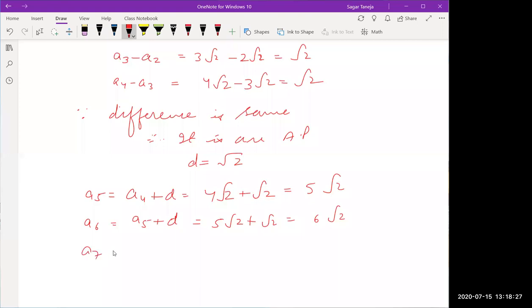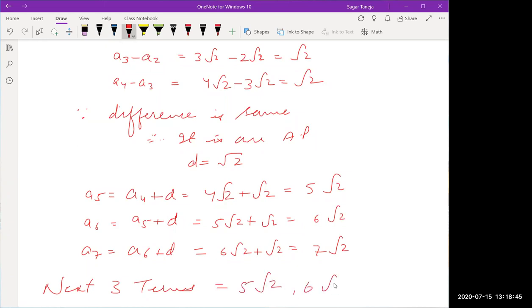In the same way seventh term, that is sixth term plus D, that is 6 root 2 plus root 2, and 7 root 2. So next three terms, which is being asked in the question, is 5 root 2, 6 root 2 and 7 root 2.